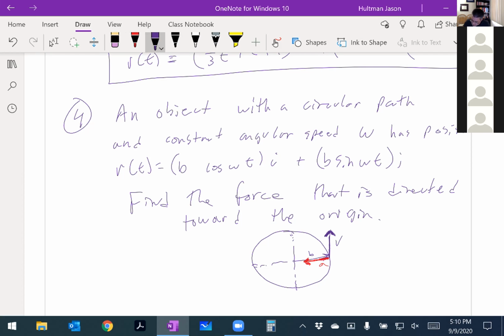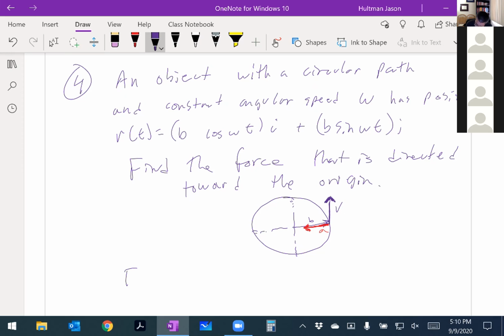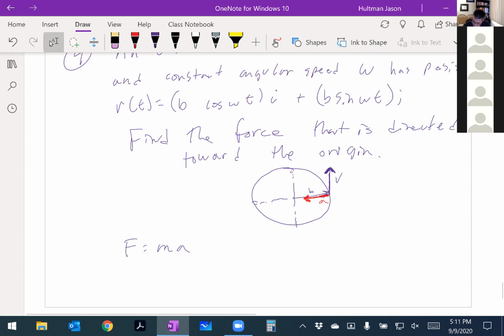So what's the force? Well, the force is going to be mass times acceleration, so force equals ma, according to Newton's second law. What we want is to find f of t equals m times a of t.